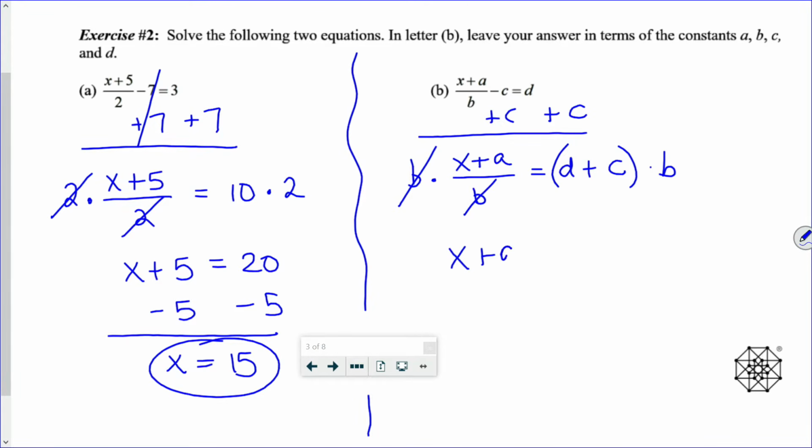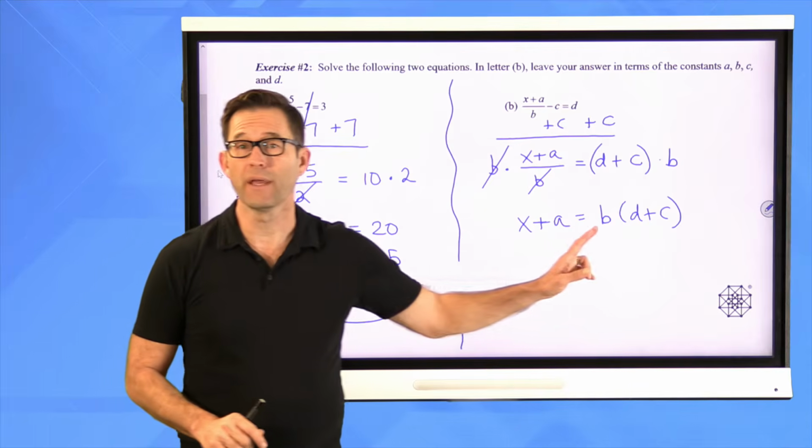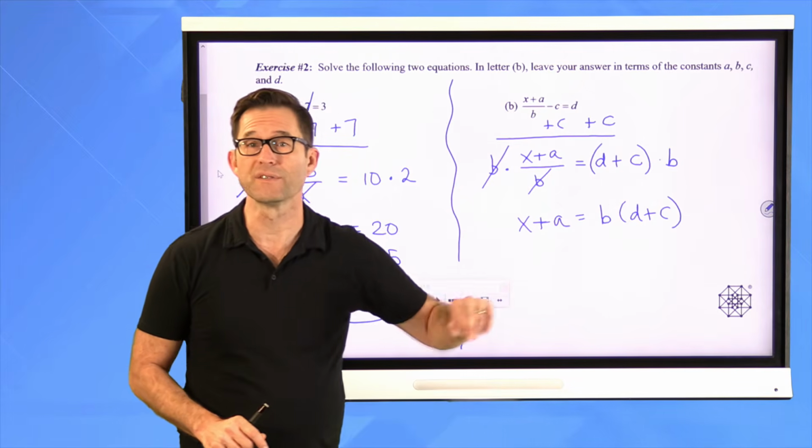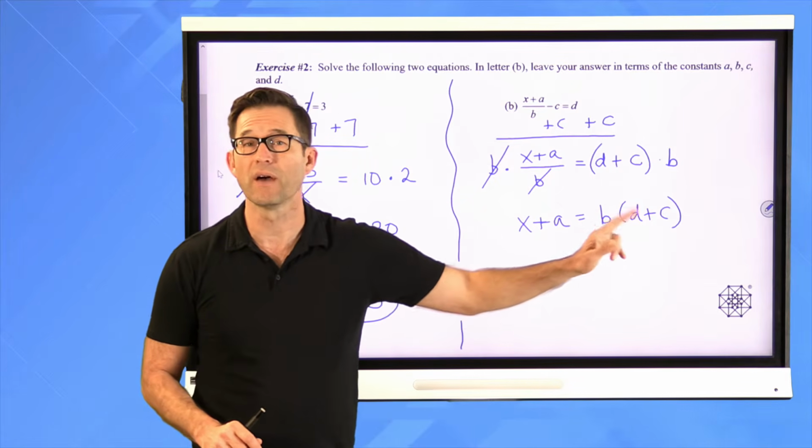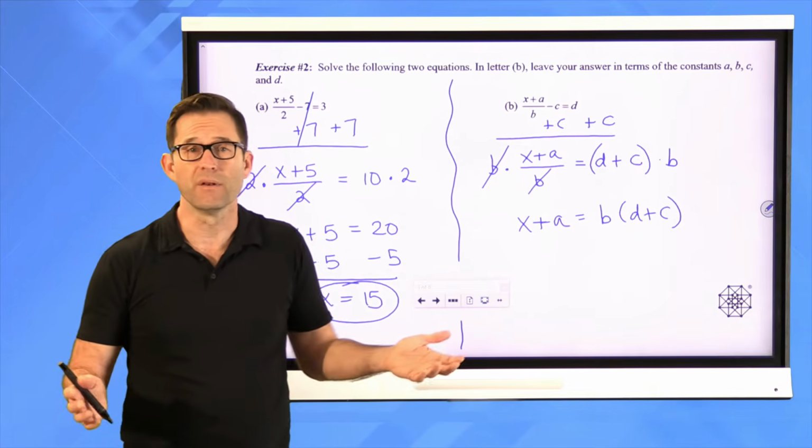Now, there is a really good question at this point whether or not I should distribute the b through that parentheses or whether I should just leave it like this. And I'm going to move that b to the front. That's typically where it's sitting. I could certainly multiply the b through the parentheses and I'd get b times d plus b times c. But there's really no reason to.